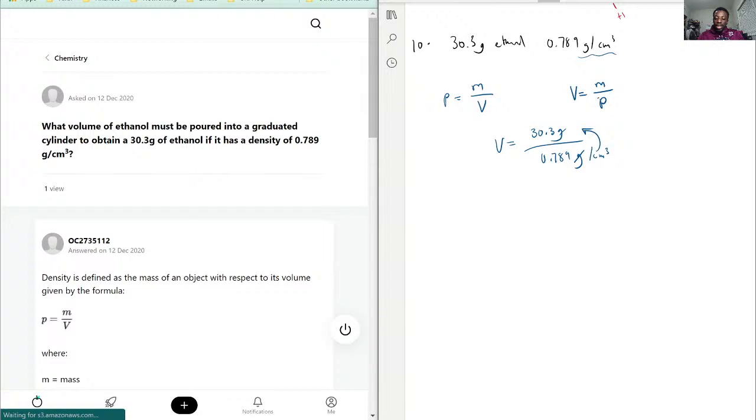So now we have 30.3 divided by 0.789, so that'll be 38.4 centimeters cubed for the volume. Now, the assumption, which is key, is that 1 mL is equal to 1 centimeter cubed, so we can then say our answer is 38.4 mL.